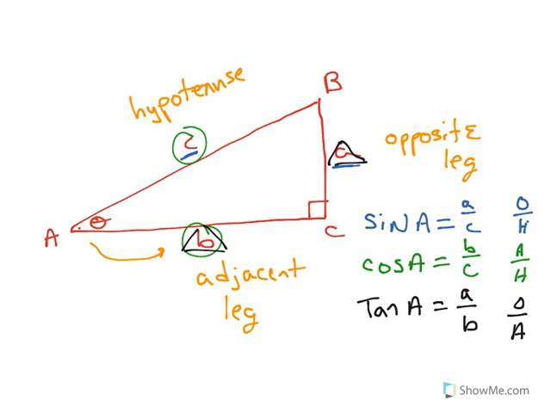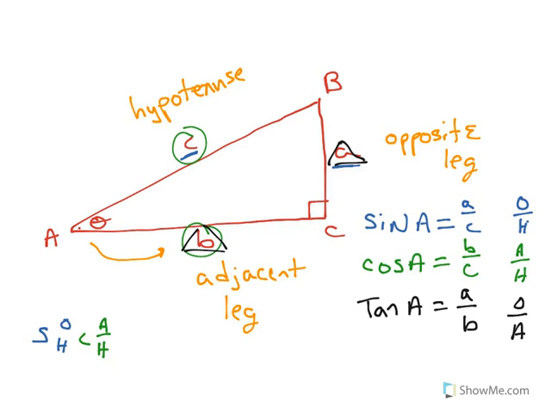And an acronym that you've probably heard in some of your geometry classes to remember these three different comparisons is what they call SOHCAHTOA. So the first one, the S, sine, is defined as being opposite to hypotenuse. And then your cosine, so C for cosine, is adjacent to hypotenuse.